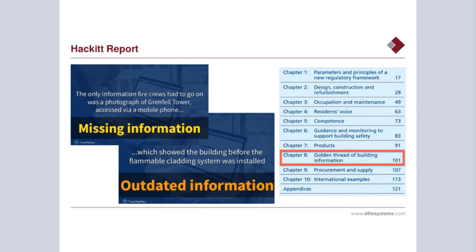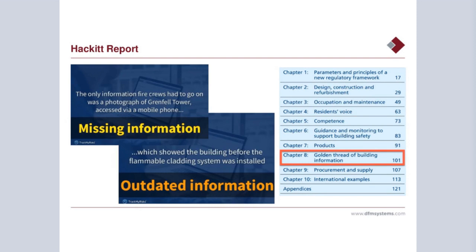The inquiry heard a lot of concern regarding the ineffective operation of the current regulations and rules regarding the creation, maintenance and handover of building information and fire and safety information. It found that generally where building information is present, it's often incomplete or held in paper form, and so is not always accessible to the people who need to see it.